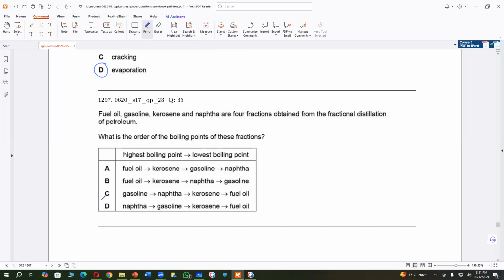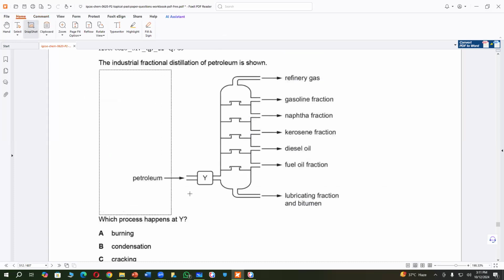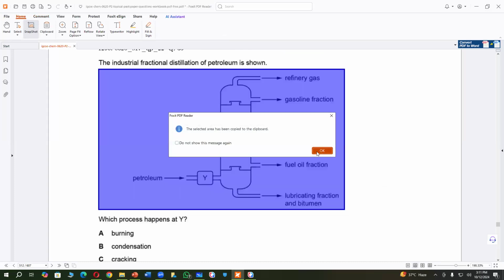Fuel oil, gasoline, kerosene, and naphtha are four fractions obtained from the fractional distillation of petroleum. What is the order of the boiling point of these fractions? To answer this question, you can look at this. This is a very helpful screen and it shows the CI or Cambridge official way of showing how the fractions are shown up. The word naphtha, many people get confused with naphtha. Naphtha is a general word.